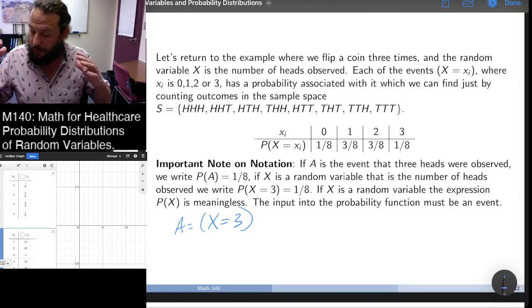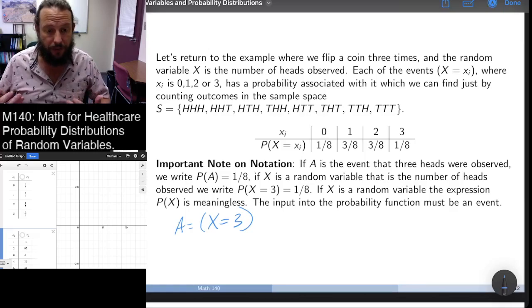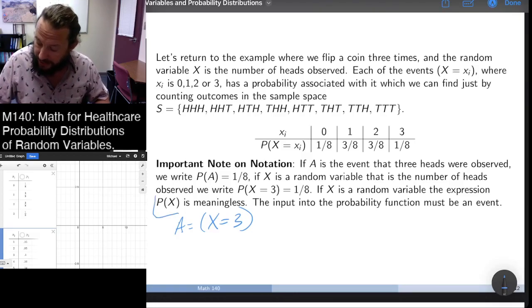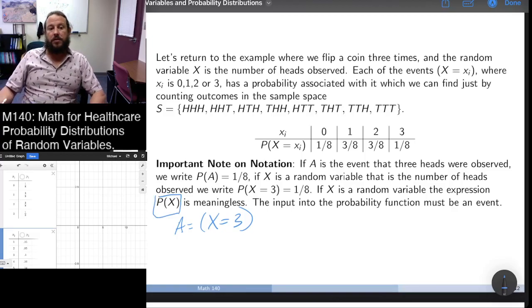But that means that when we look at the probabilities, we have to plug in that whole x equal to 3 term. So if x is a random variable, the expression p of x here is meaningless. And so just be careful with that.